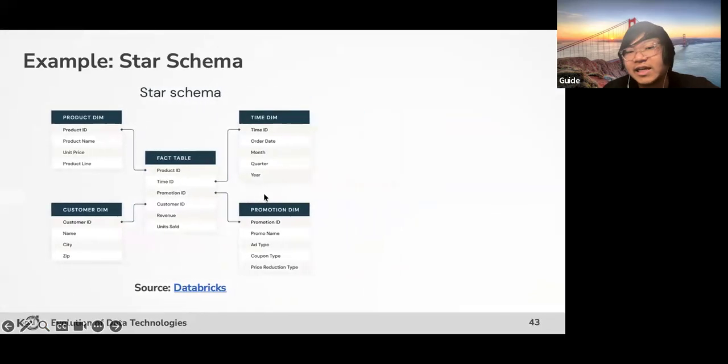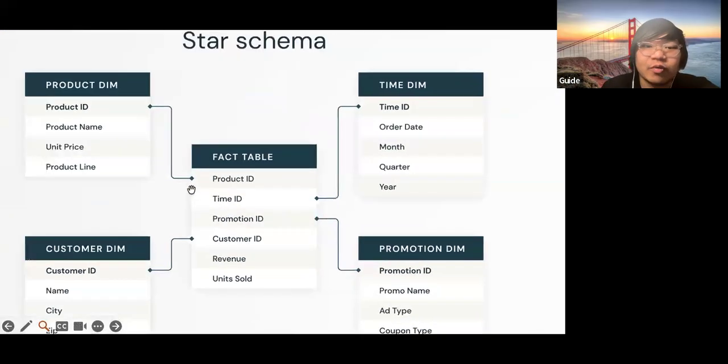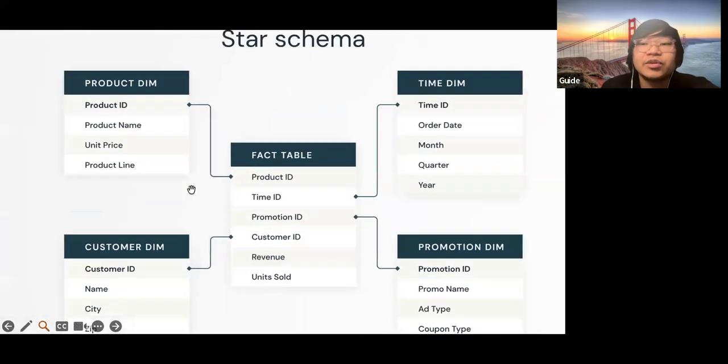The good thing about the star schema is that, let's say you want to run analytical queries by certain dimensions, for example, you want to know the units sold for each product per year. Now we only need to involve three tables, right? The fact table will always be the one we need to use, and then we incorporate the product dimension and the time dimension.